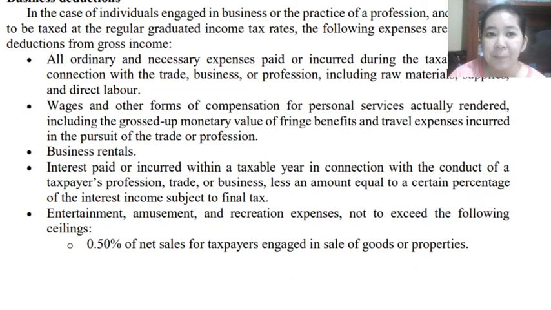Another is wages and other forms of compensation for personal services actually rendered, even the fringe benefits and travel expense incurred in the pursuit of a trade or a profession. So meaning these are the expenses related to their conduct of business or of rendering their services as professionals.